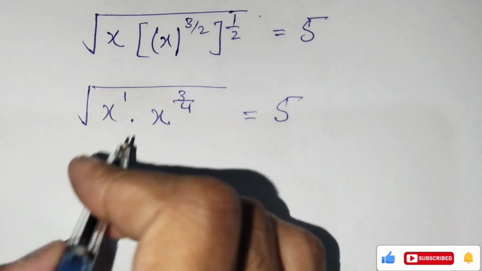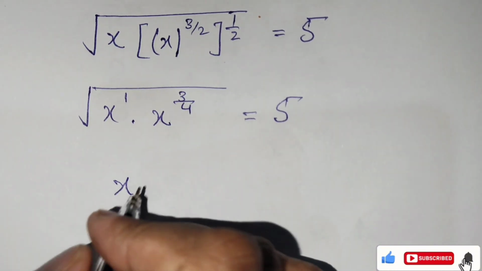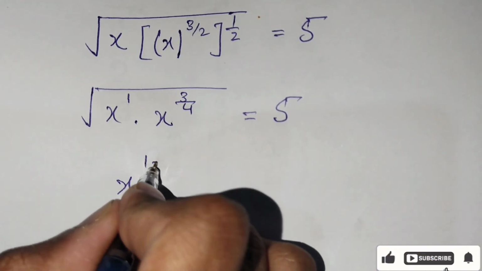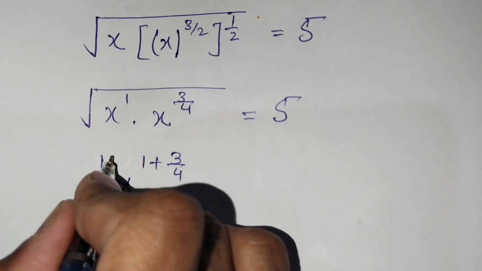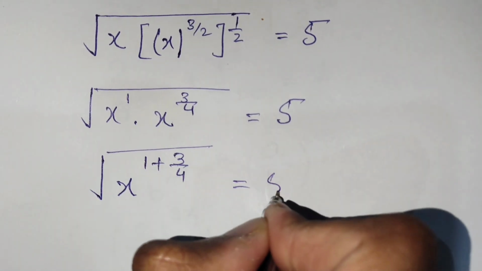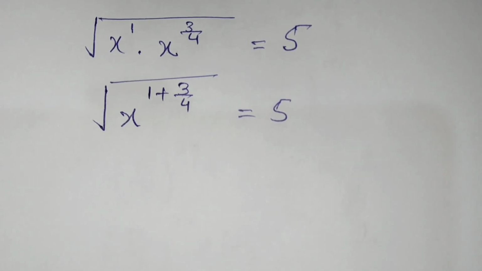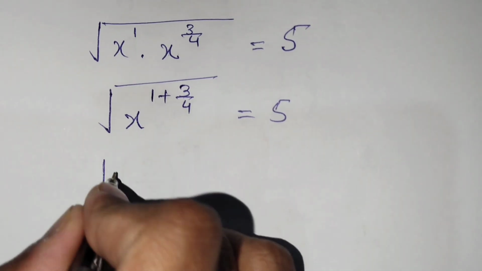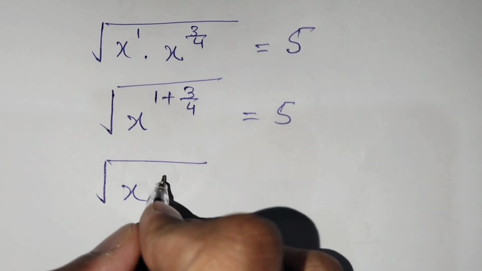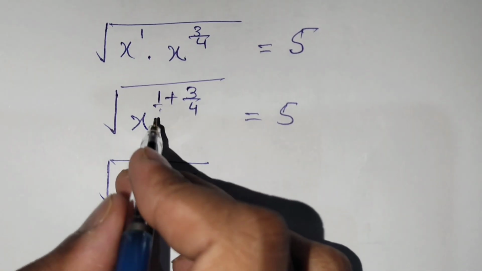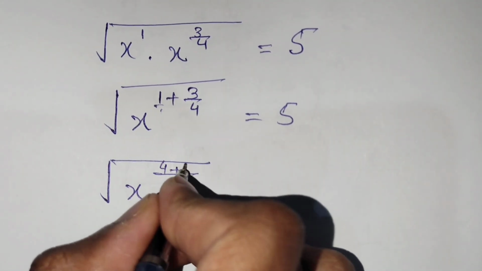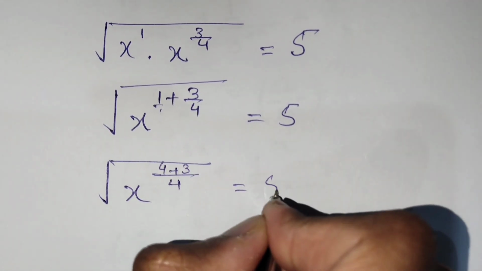This is power 1, so x power 1 plus 3 by 4 square root equal to 5. This is square root of x power 4 plus 3 equal to 5.